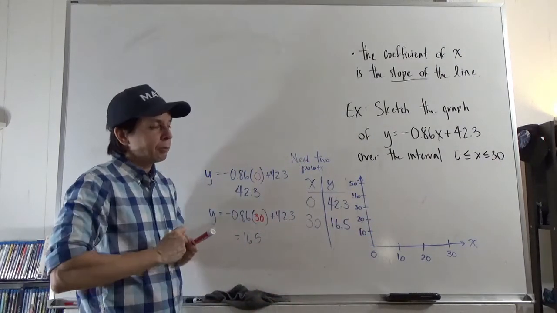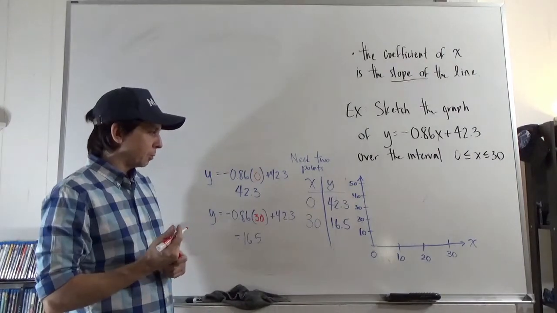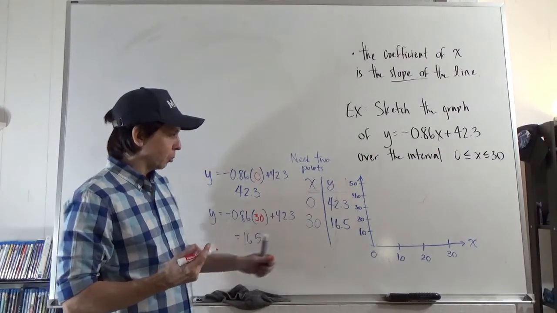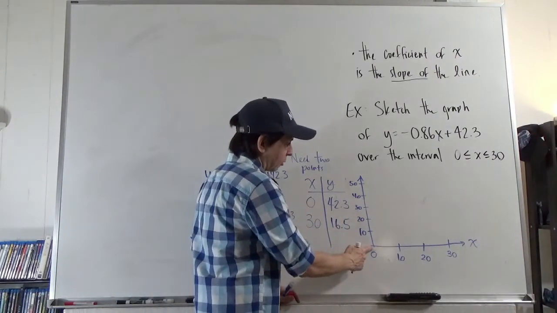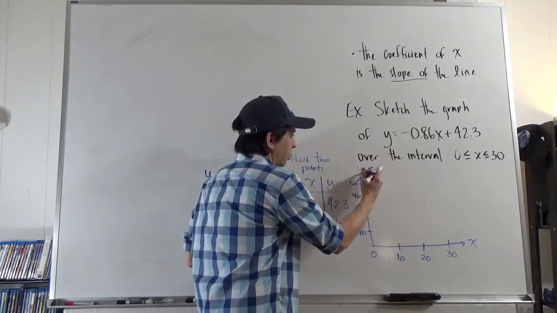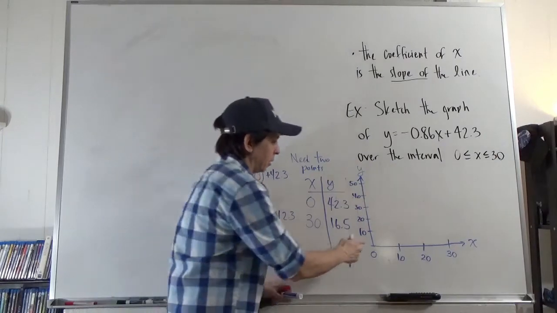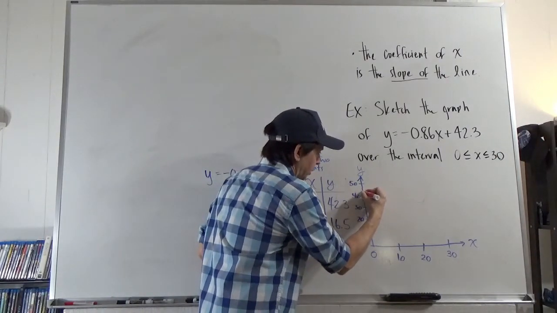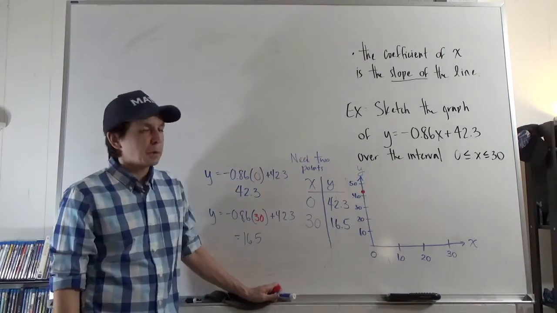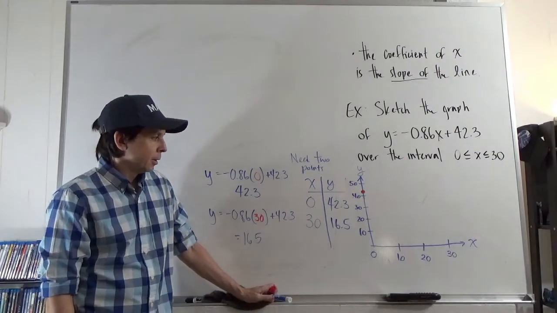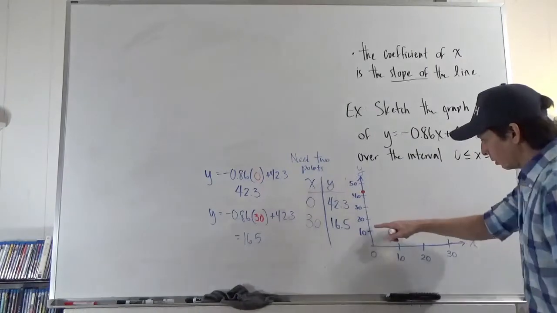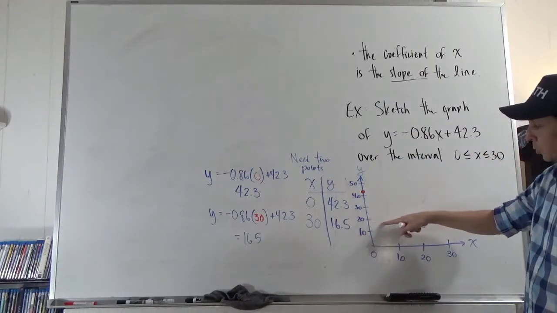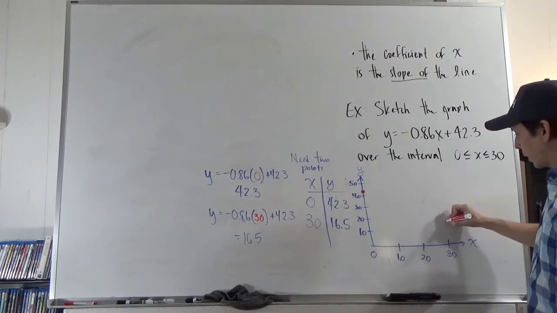Okay, and again, the graph will be provided. Unless you do it on paper, you have to translate that to your own paper. 0 on 42.3. You're staying on 0 for x. I forgot to label my axis y, but let me go ahead and do that. 0 and 42.3. Right about there. Just a little bit above 40. And then 30 and 16.5. 16.5 is about halfway between 10 and 20, a little more than halfway.